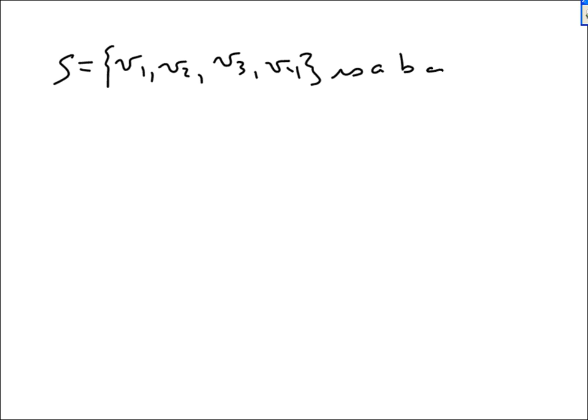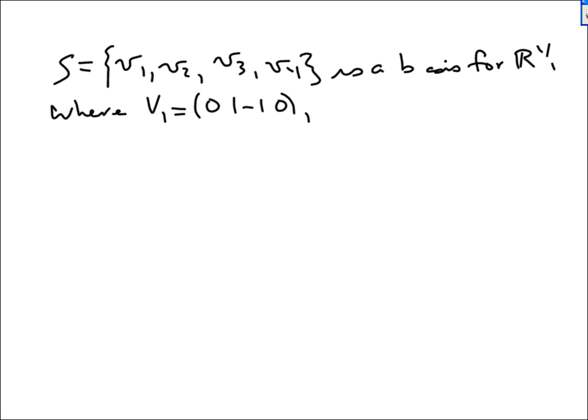Okay. Suppose S is equal to V1, V2, V3, V4 is our basis for R4. Now I define the four vectors, where V1 is, say, 0, 1, negative 1, 0.